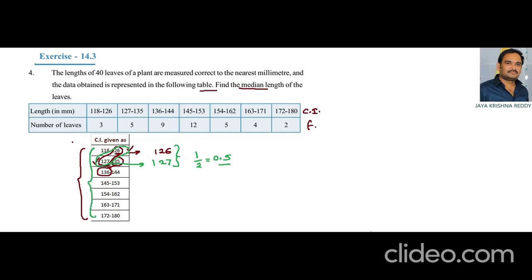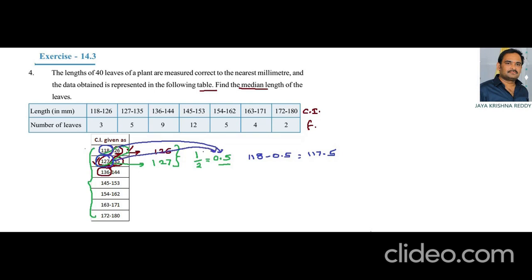So what is the lower limit of the first class interval? It is 118. So you have to subtract 0.5 from 118. 118 minus 0.5, so you will get 117.5. And what is the second lower limit of the class interval? 127.